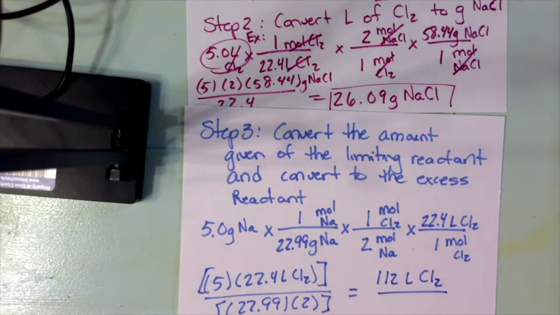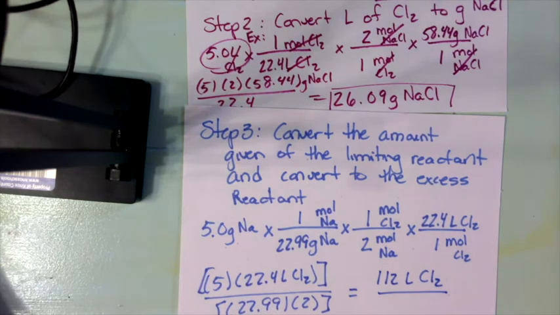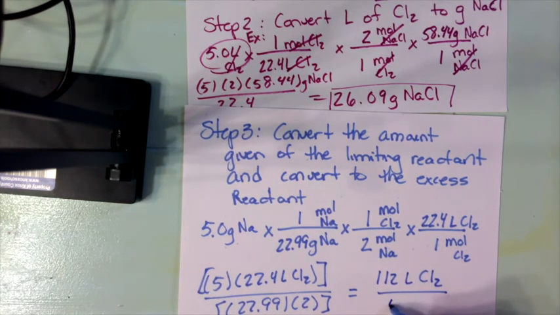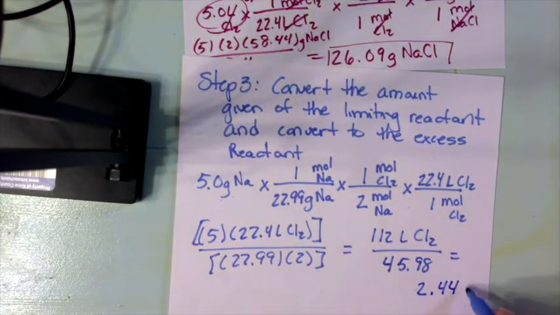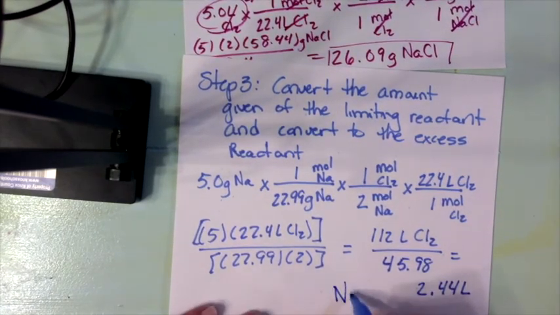And then our denominator is 22.99 times 2, which is 45.98. Then we simplify, so 112 divided by 45.98 is the answer of 2.44 liters. So this is how much was needed of Cl2.